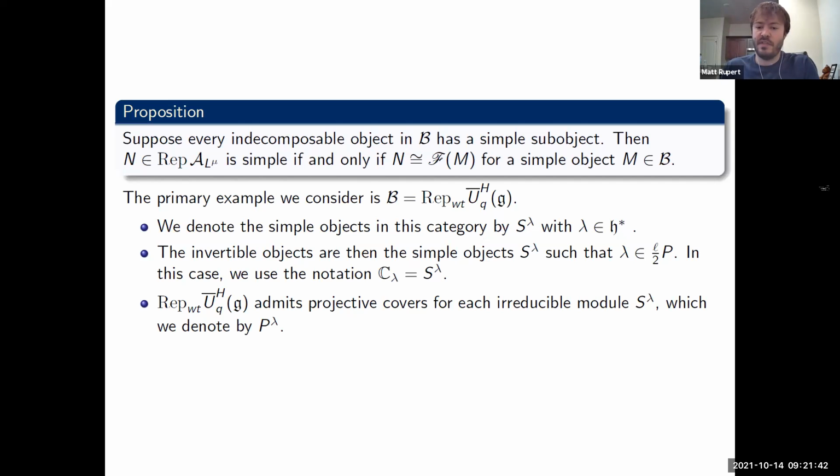And then the invertible objects are going to be the simple objects where lambda, the highest weight of the irreducible module, is in this shift L/2 of the weight lattice of G. And in this case, we'll just use our usual notation for invertible objects. This category also admits projective covers for each irreducible module, which we'll denote by P lambda.